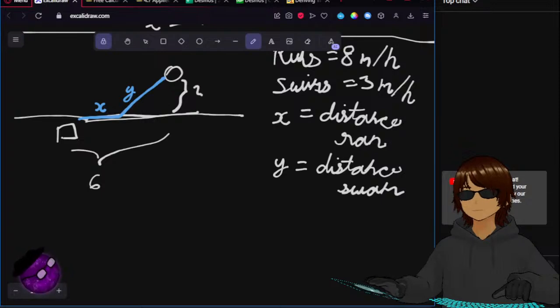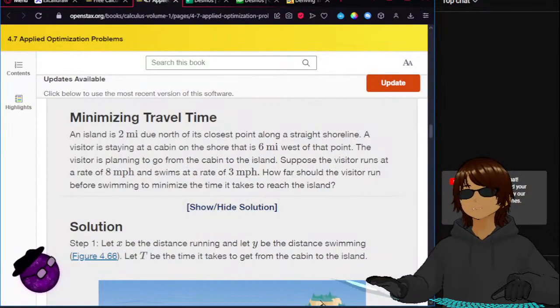Two. Now, in order to reach this, how should I define this? Yeah, runs 8 miles per hour, swims 3 miles per hour. x is the distance run. We need to minimize the time it takes.